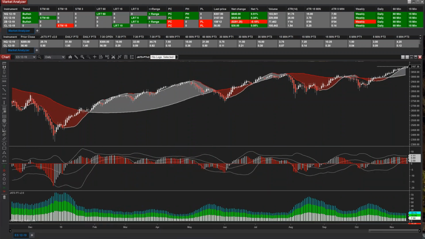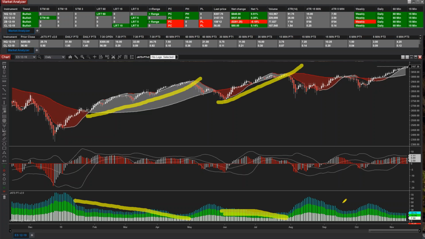When price contracts or flattens out is when price rallies in the equity indexes. The range is happy, it's content, the ranges are normal, price will rally. Price relaxes, contracts, price rallies.